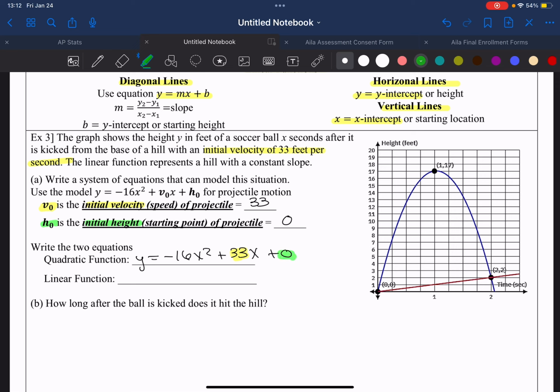And then for our linear function, it says the linear function represents a hill with a constant slope. Well, let's say we can't remember what constant slope means. We could go over to our graph since it's provided to us, and look at this linear line here. Notice it also gives us 2 points, which means from those 2 points, we're able to find the slope, so we're able to write the equation.